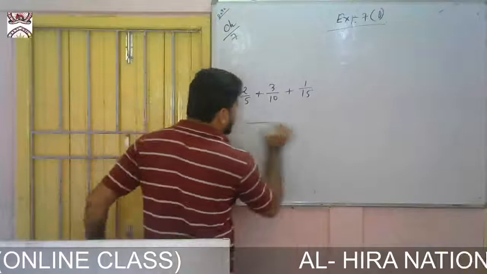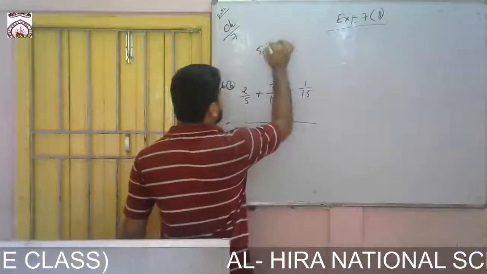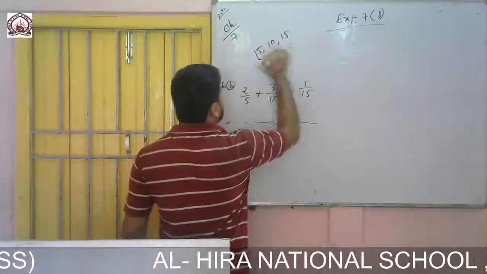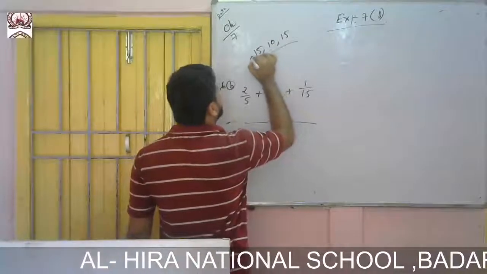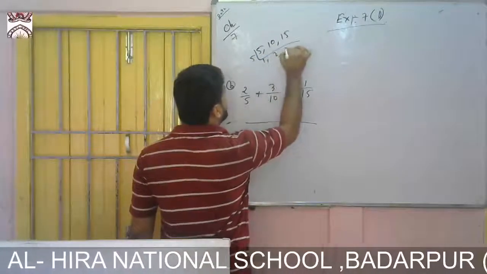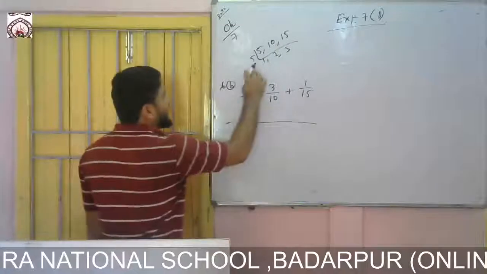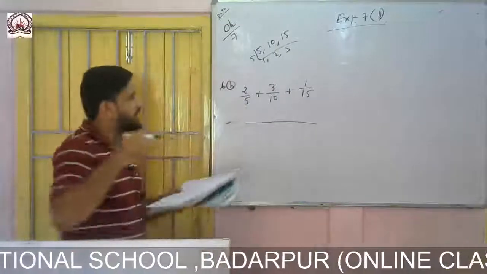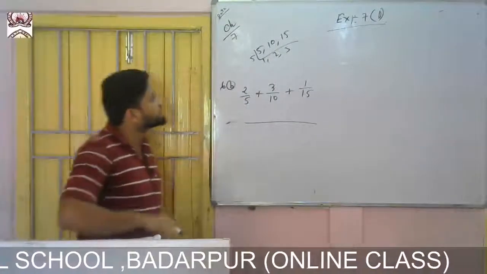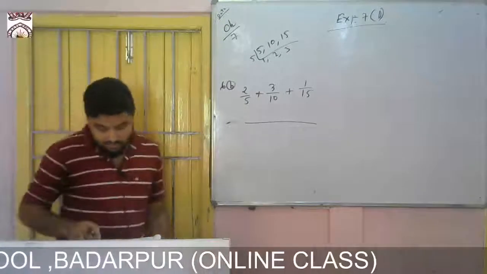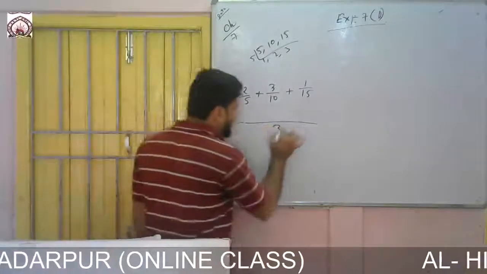Now take LCM. LCM of 5, 10, 15. First start with 5: 5 1 jar 5, 5 2 jar 10, 5 3 jar 15. So LCM will be 5 2 jar 10, 10 3 jar 30. So 30 is the LCM.